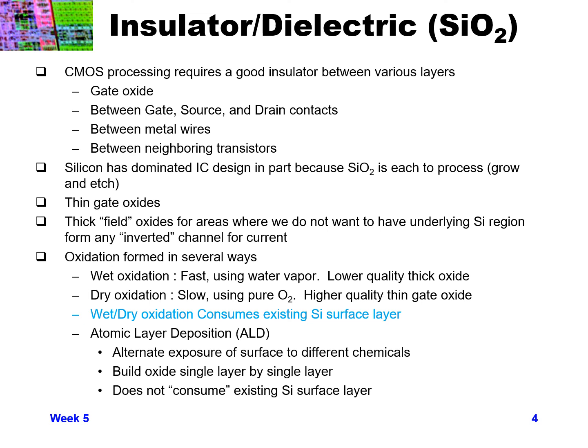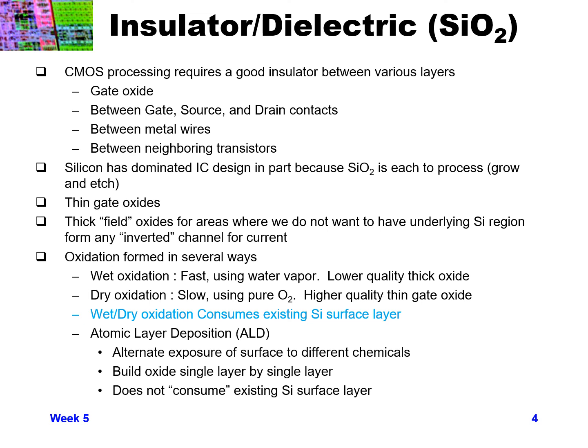And one of the reasons silicon has dominated in the IC design area, there are other semiconductors out there, is because silicon dioxide, which is the main dielectric used with silicon, is pretty easy to grow or etch. The silicon dioxide is easy to process, and so you can use it for getting thin gate oxides.